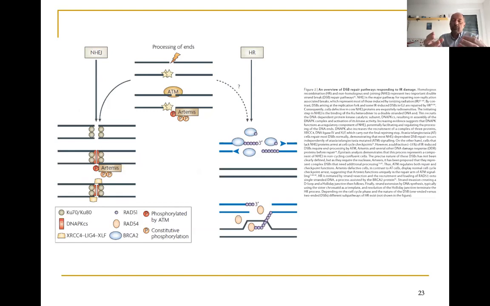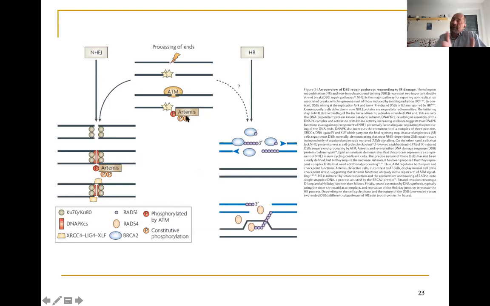Because you essentially try to keep the pieces together and you try to rejoin, but if it is a complex damage, unavoidably you will lose some piece of DNA. So you rejoin something which is not exactly the same as in the other case. You can do better if you have a template.